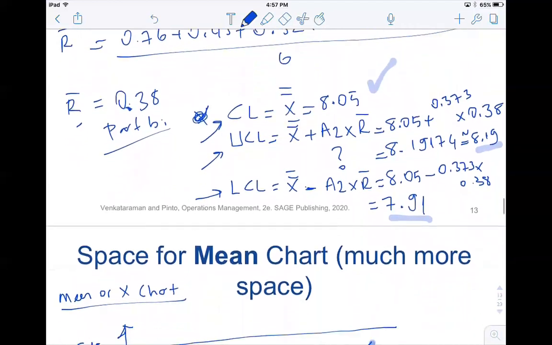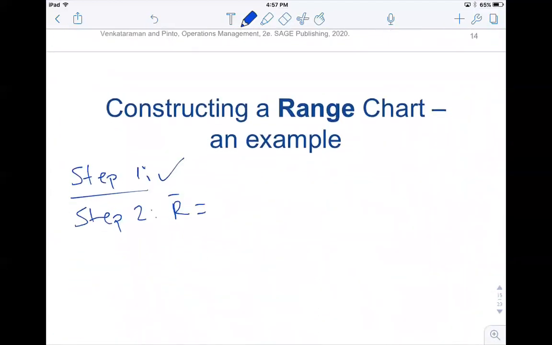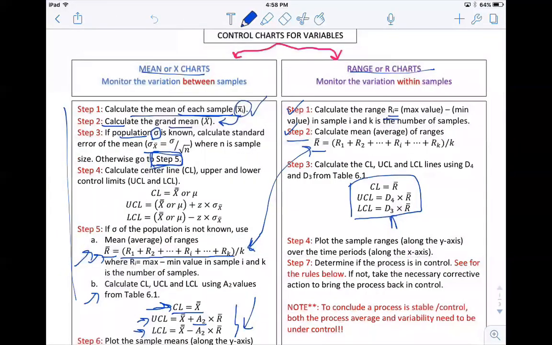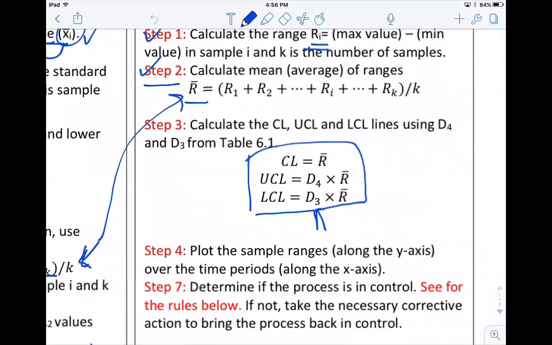So it is 0.38. Okay. And step three was just go ahead and use your center line as your R bar. I don't remember the formulas for UCL and LCL. So for UCL, it is D4 times R bar. LCL is D3 times R bar.